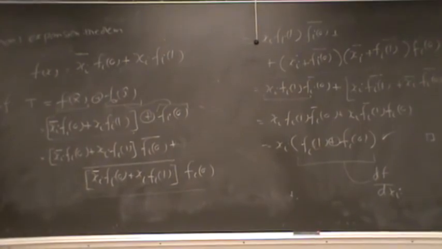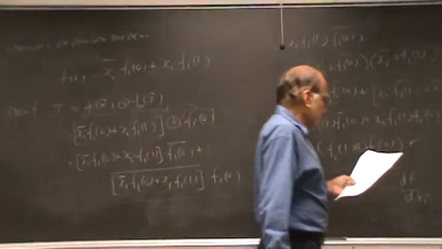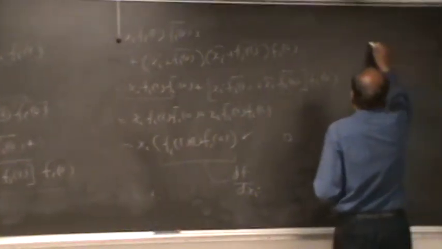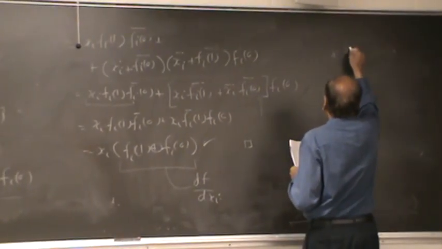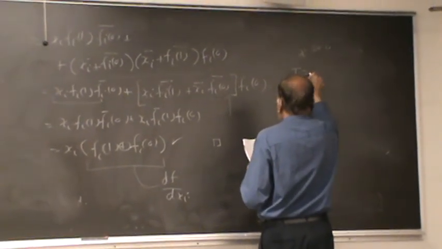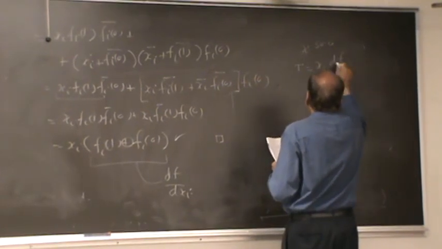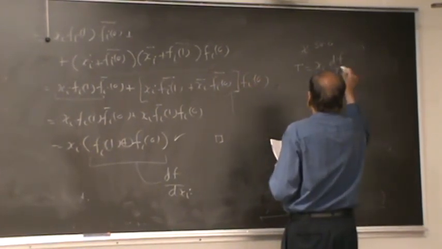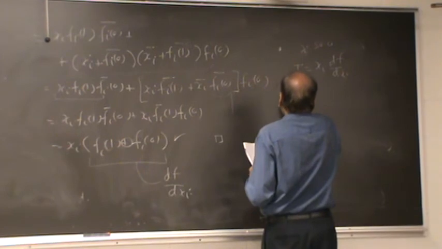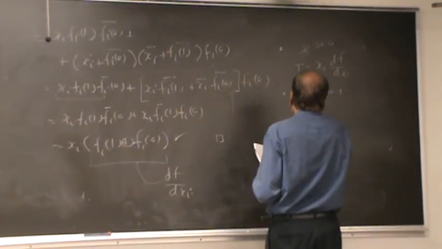Okay, so we have said that if xi is stuck at 0, the tests are given by this. Now what about the case when xi is stuck at 1?